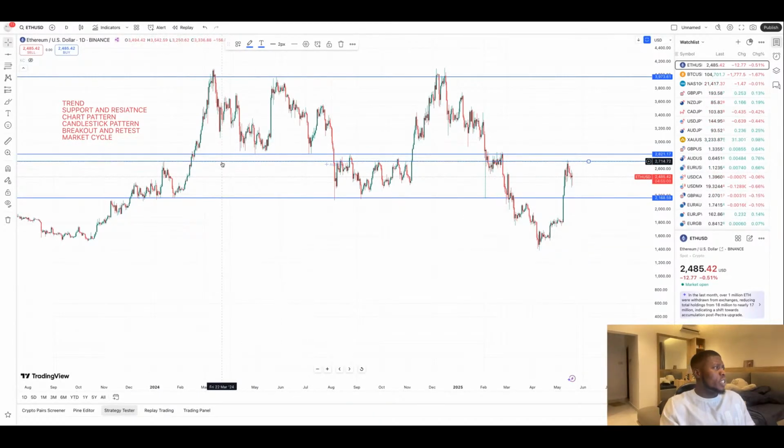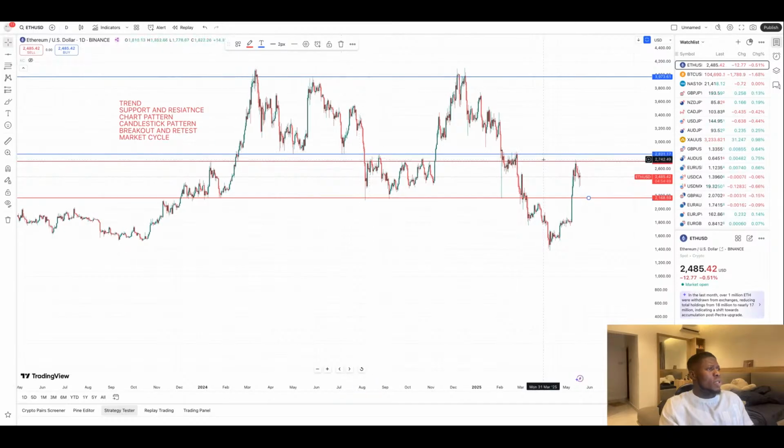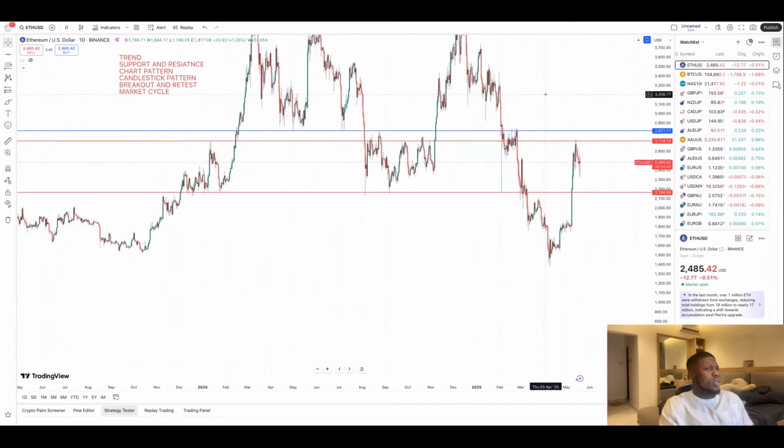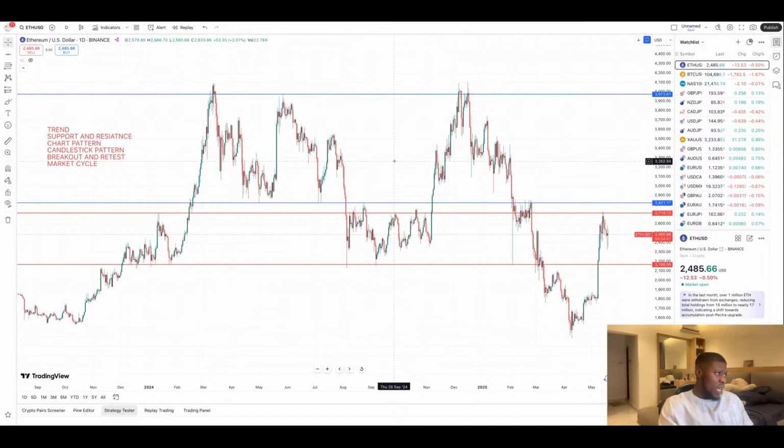So I could differentiate the colors of these cycles, I could use red for this. Okay, so now there are two cycles on this place, the one in a blue line and the one in a red line.